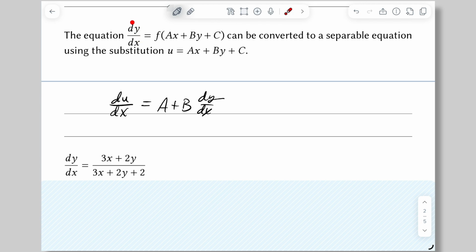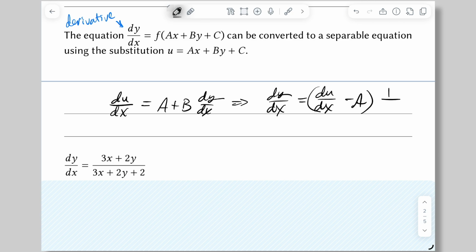We again have a derivative in our equation, dy dx, and therefore when I substitute, I want to use derivative notation. And then we'll see here that we can solve for dy dx, giving us dy dx is equal to du dx minus a, all times 1 over b. We're going to handle this a little bit differently than in the symbols here.